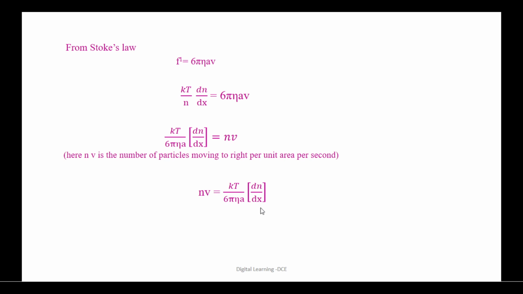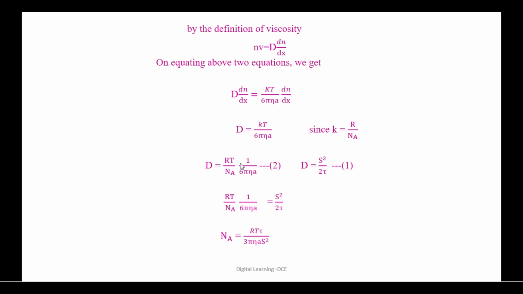Then again, from the definition of diffusion, we have NV is equal to d into dN by dx. The number of particles moving per unit area in unit time is equal to d into dN by dx. Then on equating those two equations, we get d into dN by dx is equal to kT divided by 6 pi eta a into dN by dx. Here d is equal to kT divided by 6 pi eta a, where k is the Boltzmann constant.